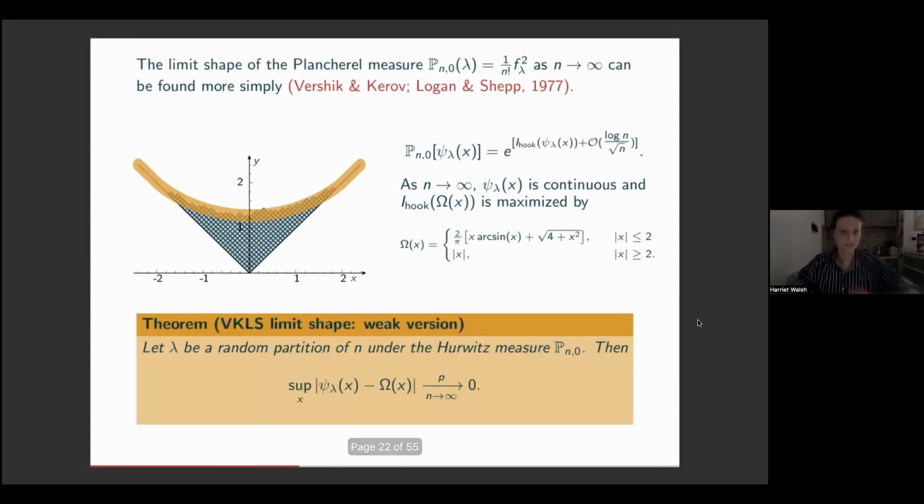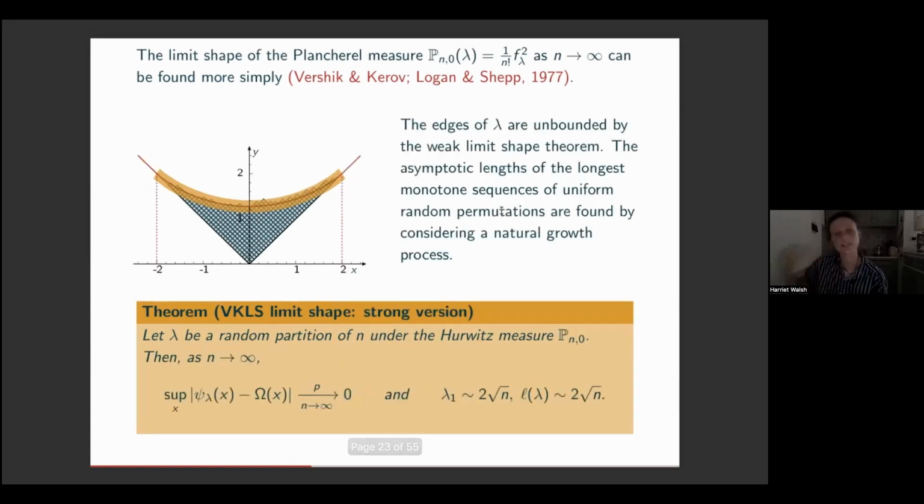And the main result is this convergence in probability of this outer edge, in rescaled coordinates, to a smooth function omega. And furthermore, there's an additional result, which is that although this convergence is in the sup norm, so it's not sensitive to what's happening on the edge here, they can additionally consider something like a growth process on permutations, which lets you see that actually there are strict bounds on the first part and on the length.